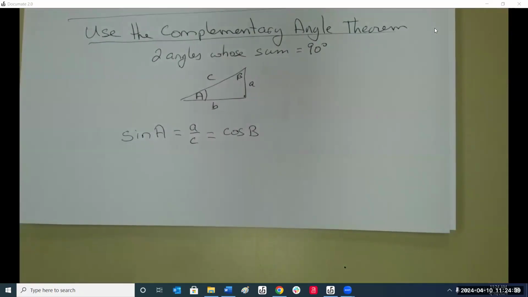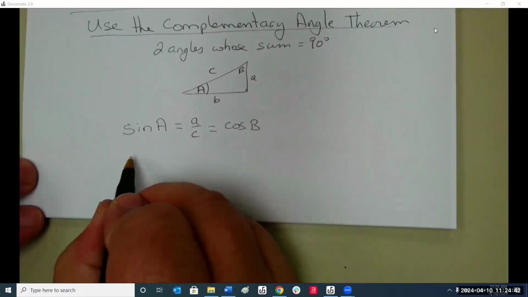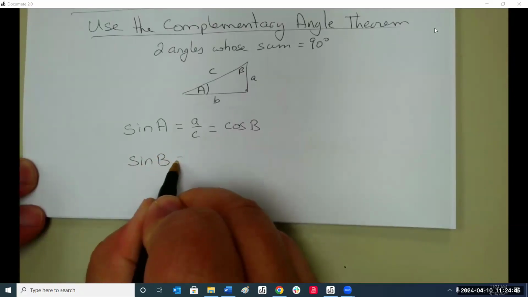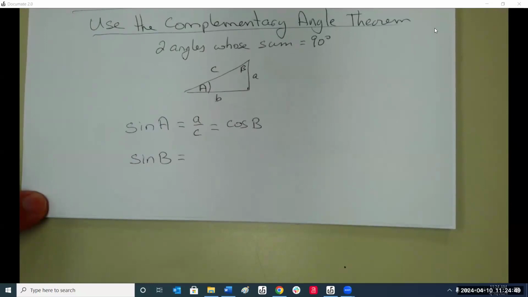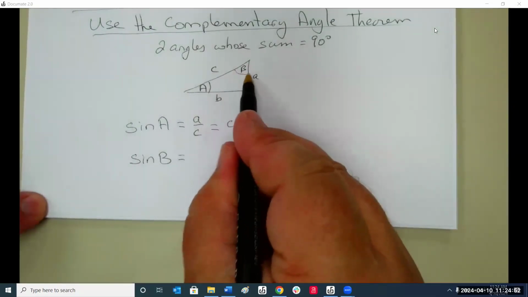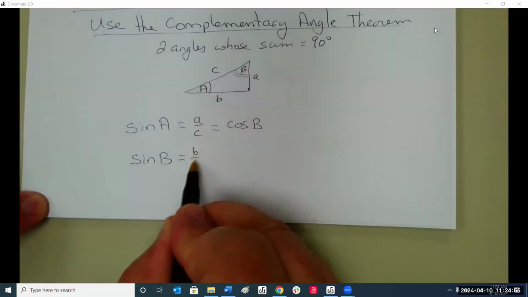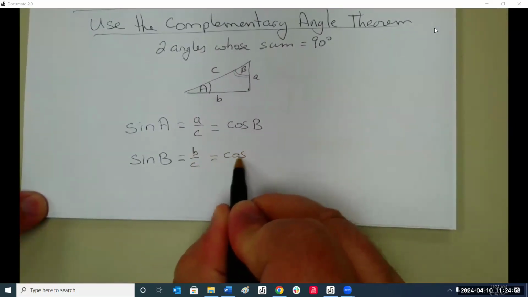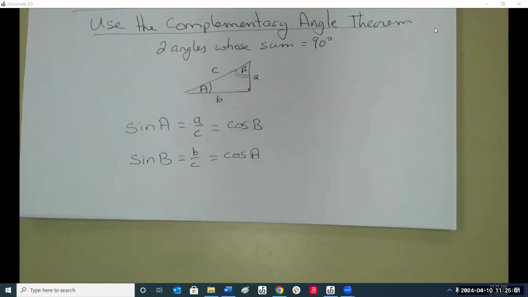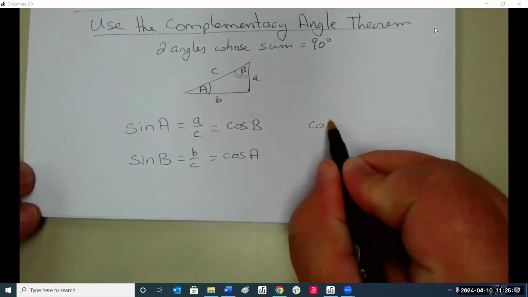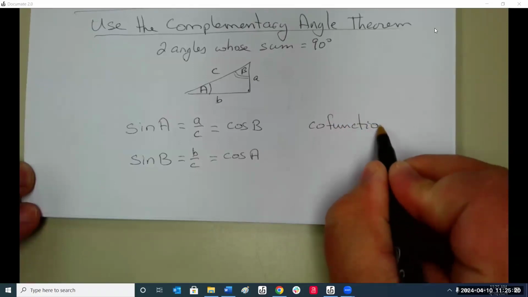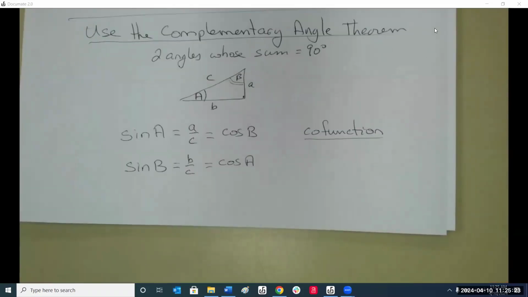A over C. The sine of B is B over C. That's also the cosine of A. Those relationships have a name: cofunction.